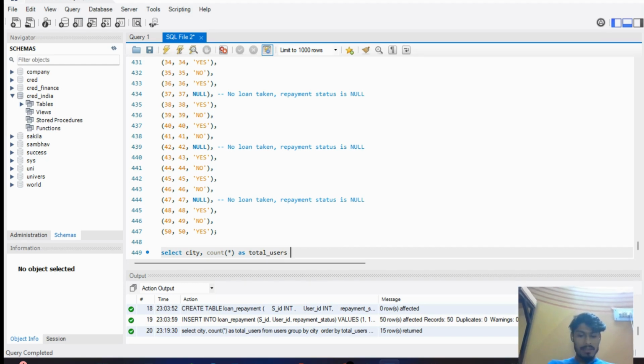Which table do we get these columns from? The users table. Then group by city, order by total.